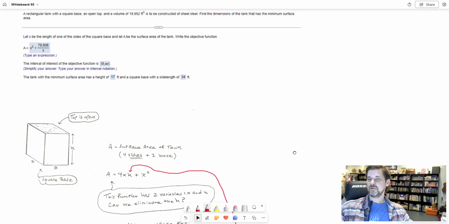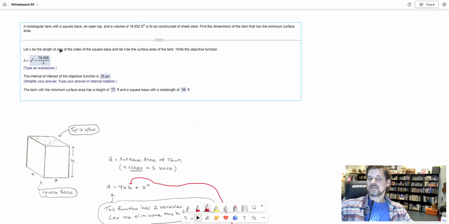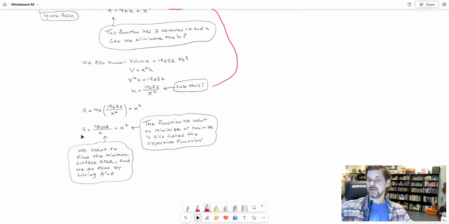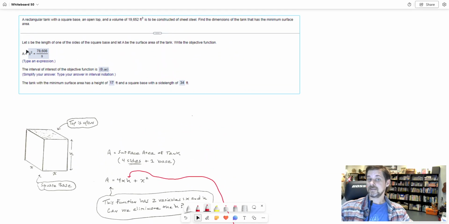One more thing you'll notice is that it said let s be the length of one of the sides, and I don't like using the variable s when I write my work, because when I write an s it looks like a 5, so I used x, okay? But notice, the thing I got right here, A is 78,608 over x plus x squared. That's the same thing as this, just with x instead of s. All right, that's the objective function. That's the function we're trying to minimize.